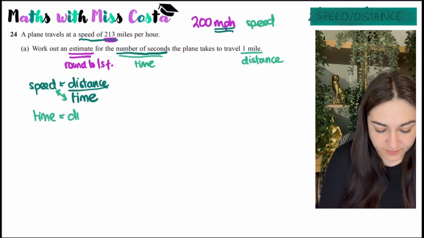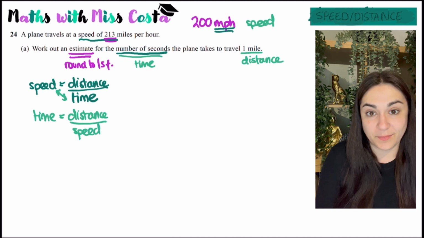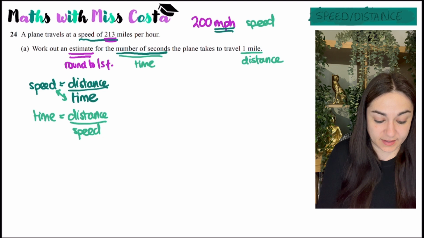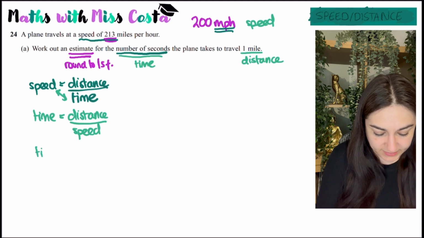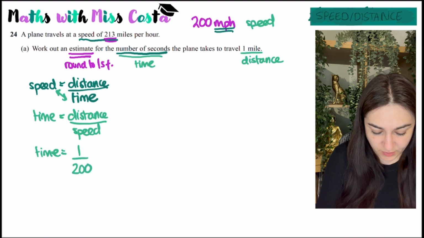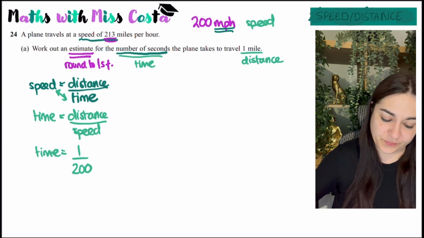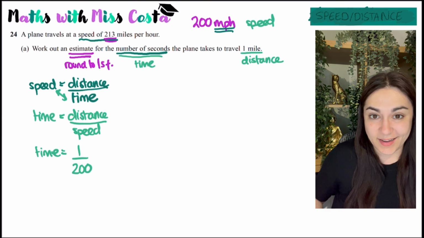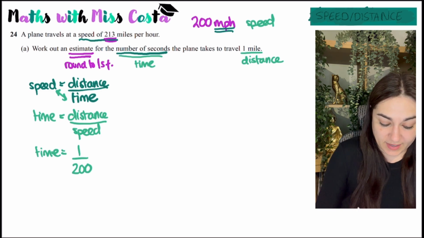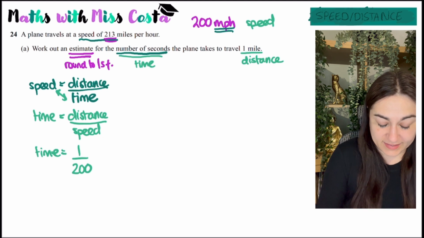So I rearrange that equation. Time is equal to distance divided by speed. And time is given to me as a unit of an hour. So time is going to be distance, which is 1 mile, divided by 200. So to work out the number of seconds, there's a few things here.